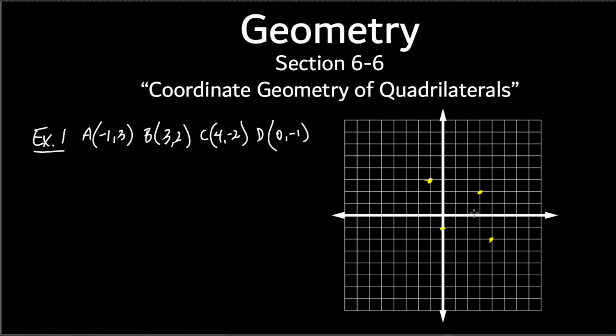But the thing is, you can't just say it's a rhombus just because it looks like a rhombus. We have things that we know about a rhombus. It's not a kite. Is it okay if I said it looks like a rhombus?